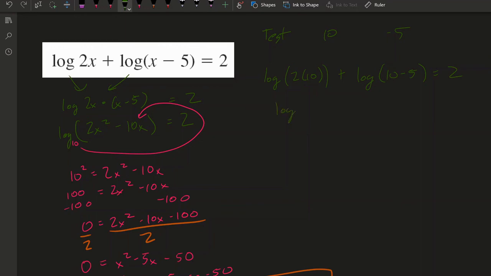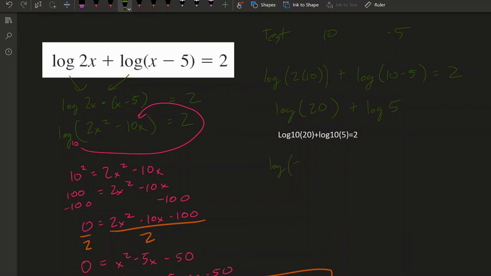So that's going to be common log 20 plus common log 5. That should equal 2. So let's go ahead and just give that a try. In mine I have to type in log base 10 of 20 plus log base 10 of 5 is equal to 2. Okay, that one works out. Let's try that again with negative 5.